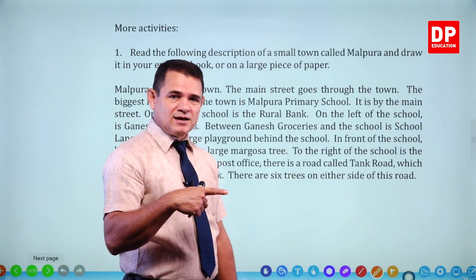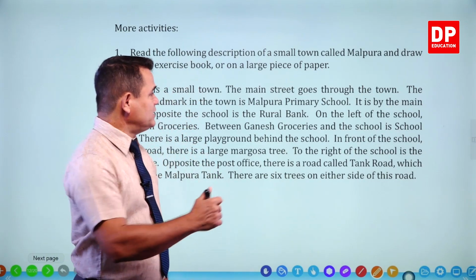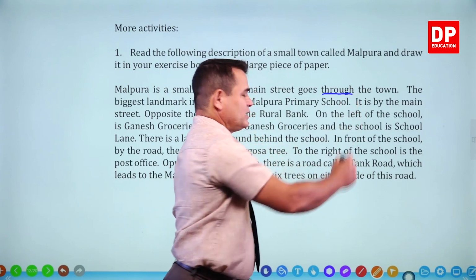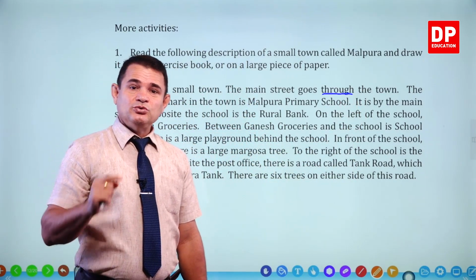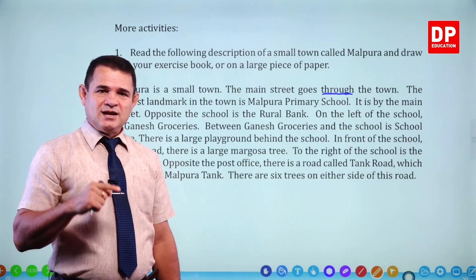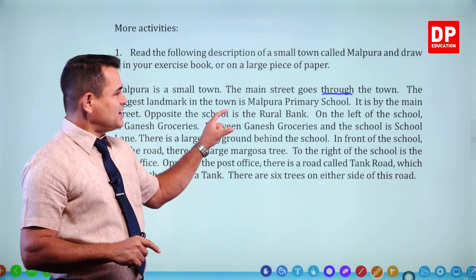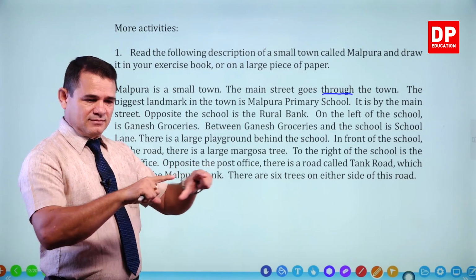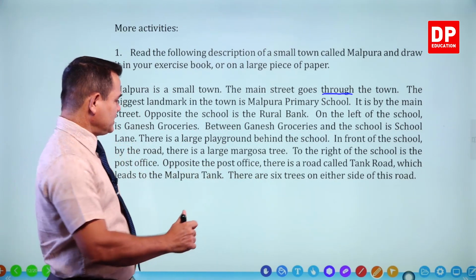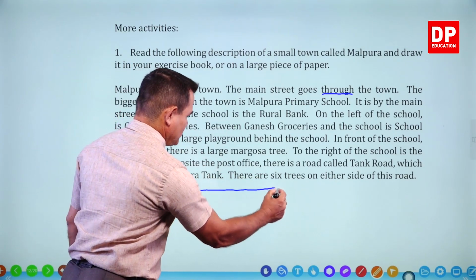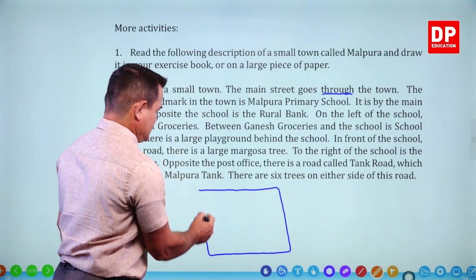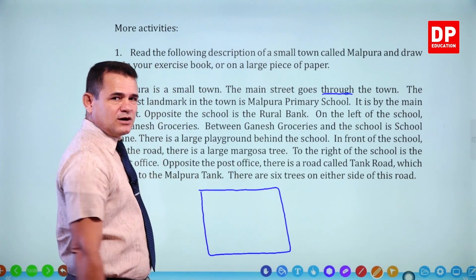Town එක හරහා. So then we learn this word through. Through කියන preposition. Through the jungle. කැලේ මැදින් යනවා කිව්වේ. ඒ වගේ නම් ප්‍රධාන පාර මැදින් යනවා. එහෙනම් if you take the paper, කොලයක් ගත්තා නම් now you are going to draw the town here.